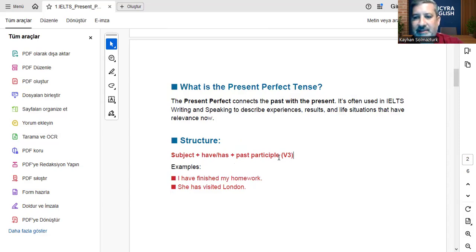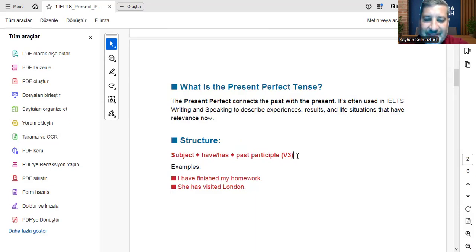As people about to enter the IELTS exam, you're all considered advanced students, so I can explain the topic easily.